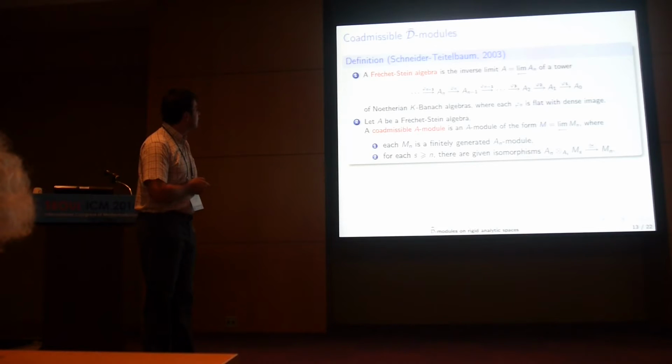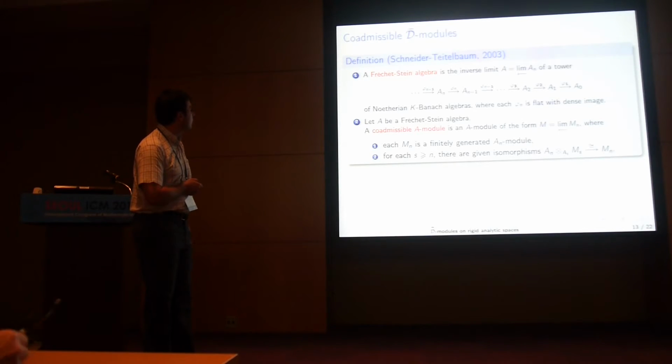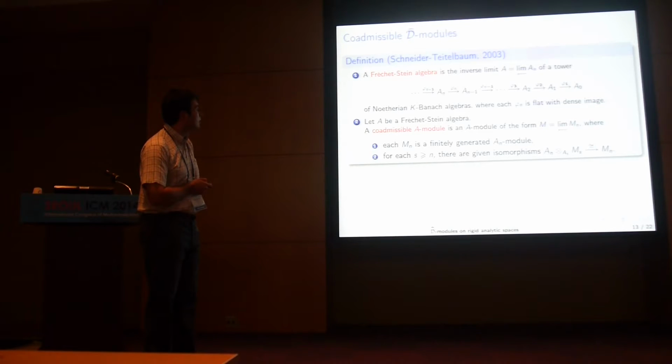And then, given a Fréchet-Stein algebra, you can define a very nice, very well-behaved category called coadmissible A modules. It's an A module that must be of the form of an inverse limit of a tower of A_n modules, where each M_n is finitely generated, and for small values of n, M_n is determined by what happens at infinity.